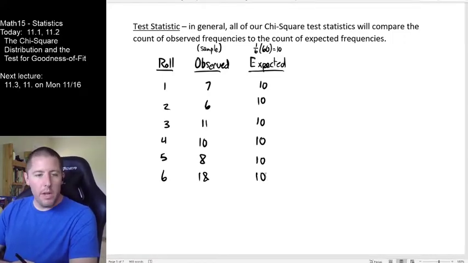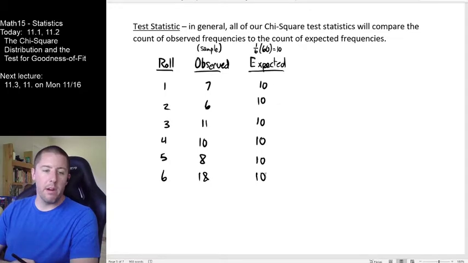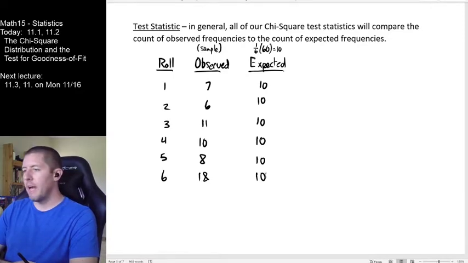What we know is that it would honestly be pretty weird if we rolled the die 60 times and got exactly 10 of each different outcome. We always expect some variation in every sample that we draw. So some variation is normal. If this variation gets too extreme, that's what's going to push us over the edge and say, no, I think we're rejecting the null hypothesis here.